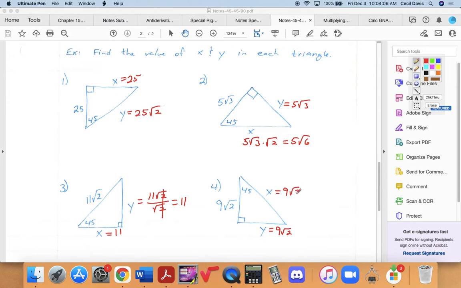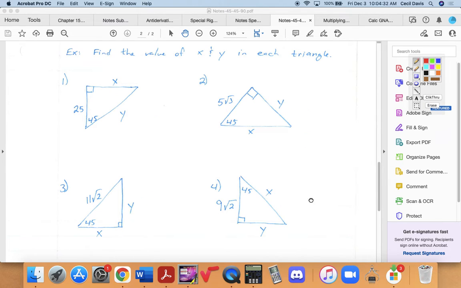So it's going to be 9 square roots of 2 times the square root of 2. And what is the square root of 2 times the square root of 2? 2. Which is true, but it's not simplified. Oh yeah, that is true. So the hypotenuse is 18.